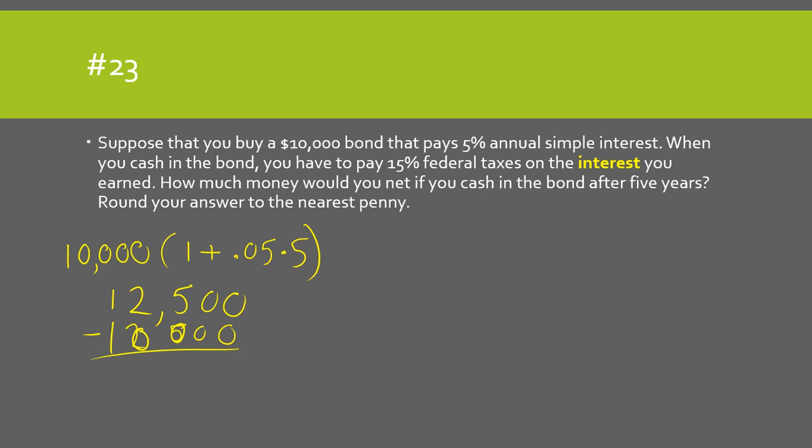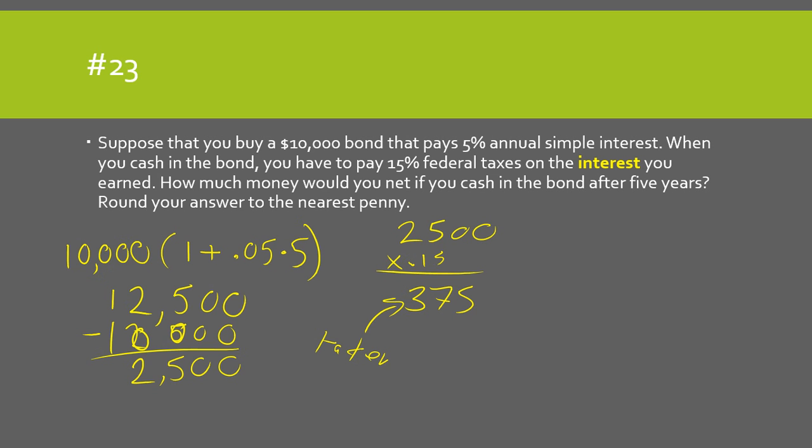Subtract 10,000, I'm a step ahead of myself, which gets us about 2,500. So $2,500 was what we gained. So now we have to find our 15% of that. Multiply it by 0.15. Gets us approximately 375. So this is what's taken out. So that's what the government takes.